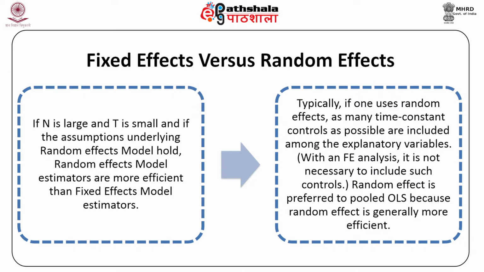Typically, if one uses random effects, as many time-constant controls as possible are included among the explanatory variables. Within fixed effects analysis, it is not necessary to include such controls. Random effects is preferred to pooled OLS because random effects is generally more efficient.